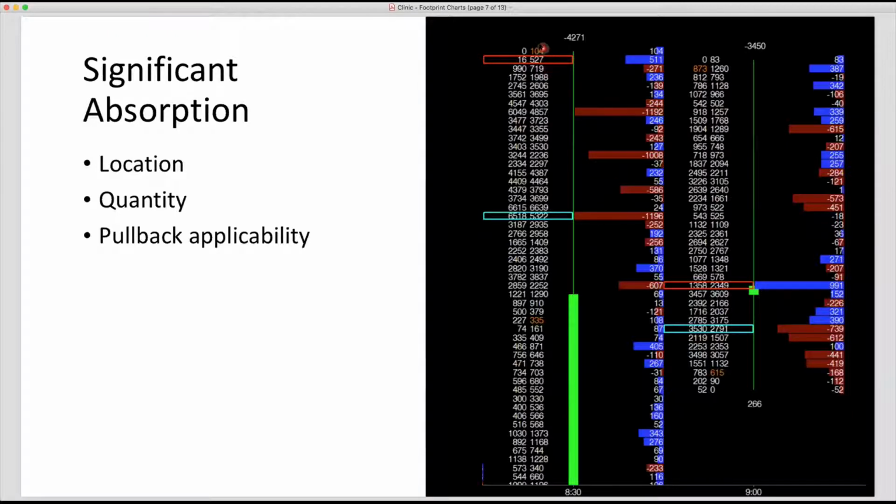Sorry, we do see exhaustion here, but it would have been confirmed on the overall volume for the session, even though we don't see the exhaustion from 793, 1260, 83. On aggregate, and that's why I look at the session footprint as well, as we went back up here during the second rotation, the top of the session would have been exhausting and confirmed by where the maximum positive delta was during that first rotation.